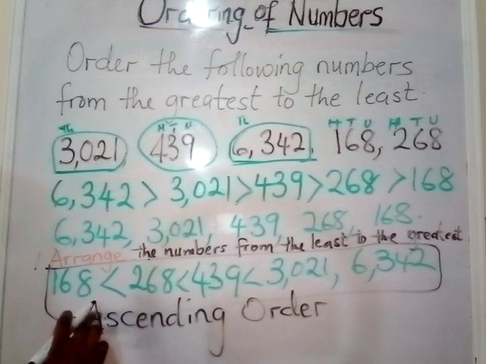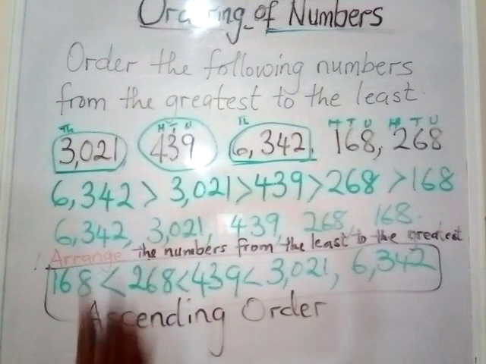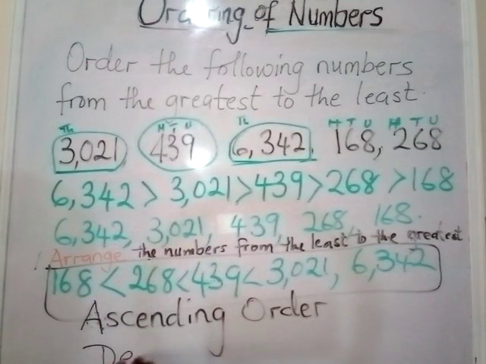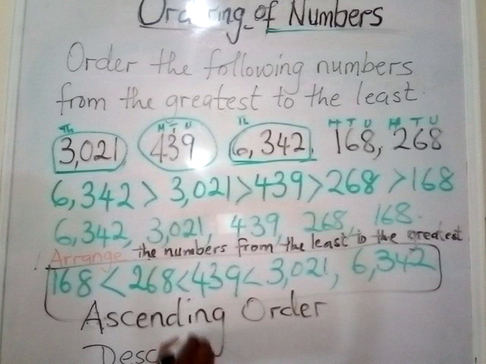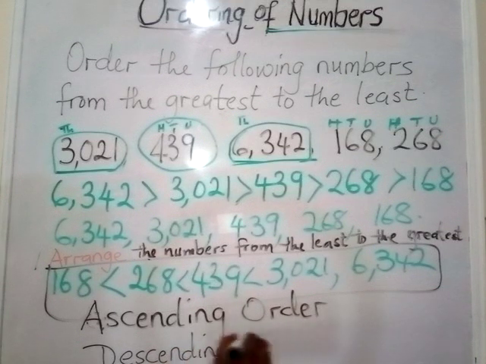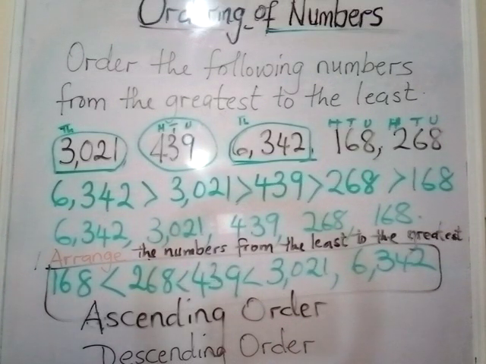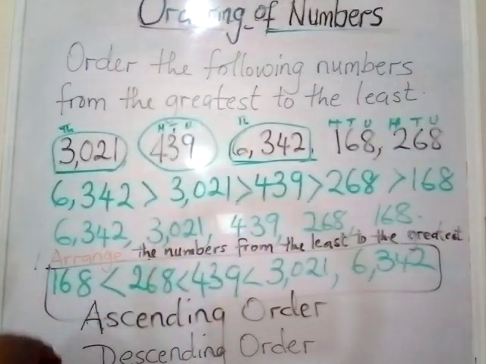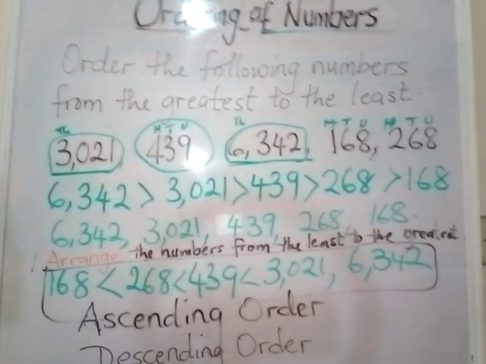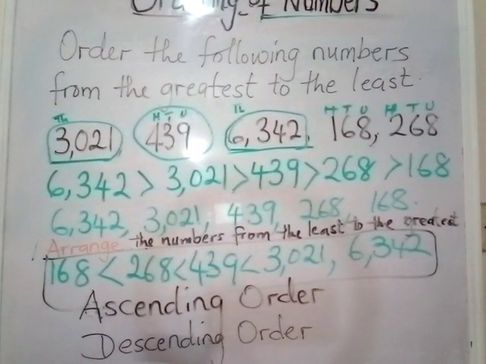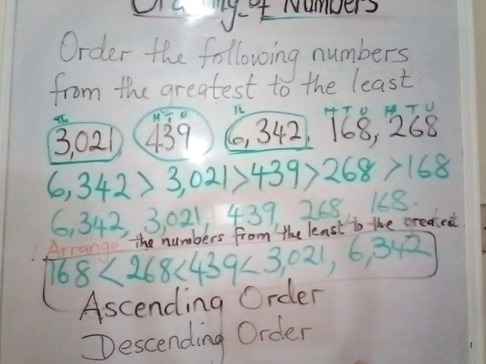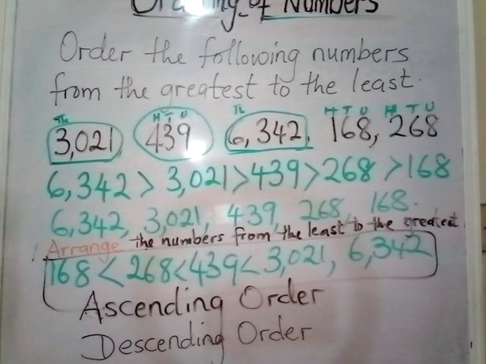Like the first example we did up here, this is descending order, and this is the spelling of descending. So when you are doing ascending order, you are moving from the smallest to the largest. And when you are doing descending order, you are moving from the biggest to the lowest. You are coming down. So this is basically how you order your numbers.